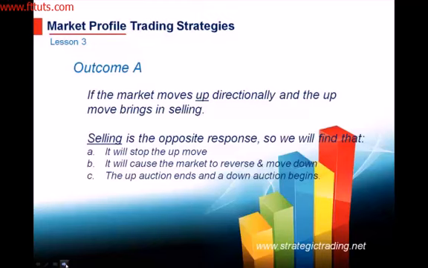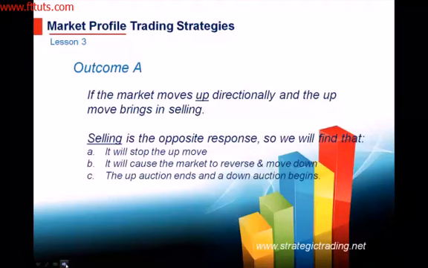So what is this selling going to do to me? Selling is the opposite response, because I was going up and all of a sudden I got hit with sellers. So if we meet sellers, it will stop the move. It will cause the market to reverse and move down, and basically the up auction ends and the down auction begins. So keep that in mind.